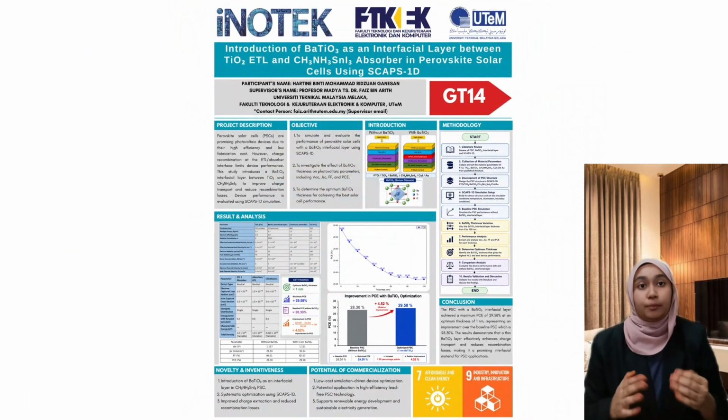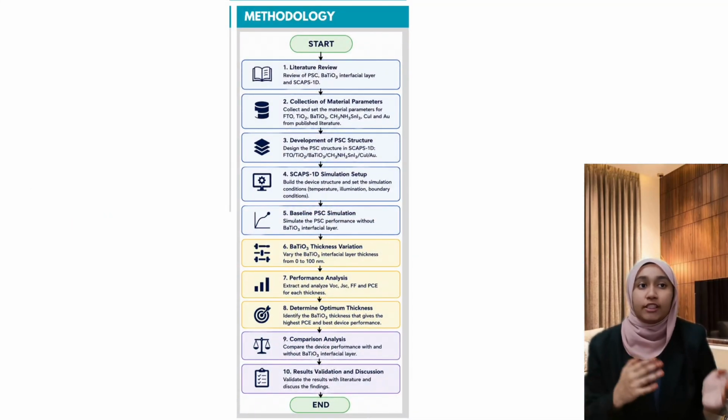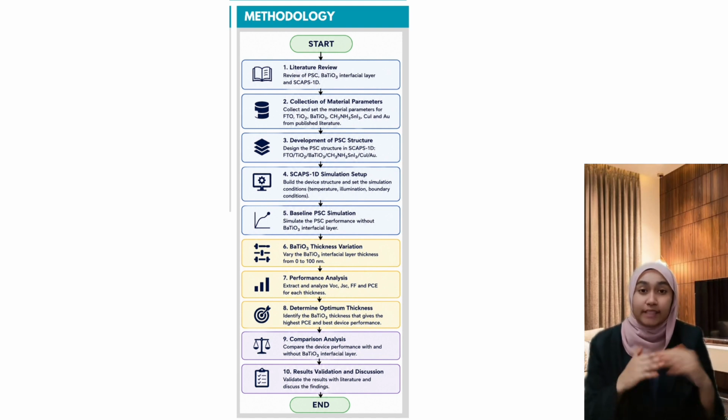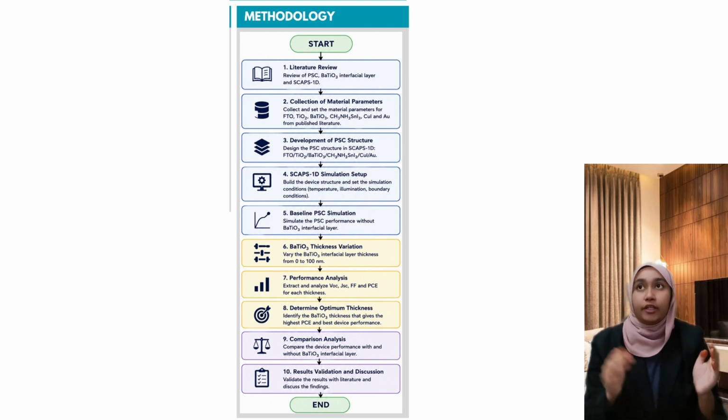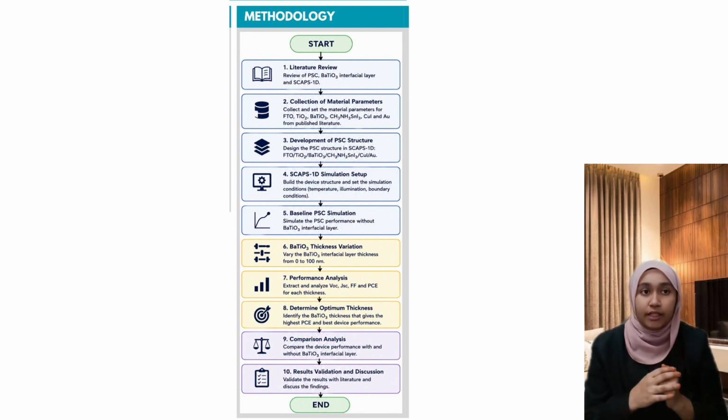Now let's move to the methodology part. The project began with a literature review and collection of material parameters from published journals. Next, the baseline solar cell structure was developed by using SCAPS 1D simulation software. After we validated the baseline model, a barium titanate interfacial layer was introduced between the titanium dioxide layer and the tin-based perovskite absorber layer.